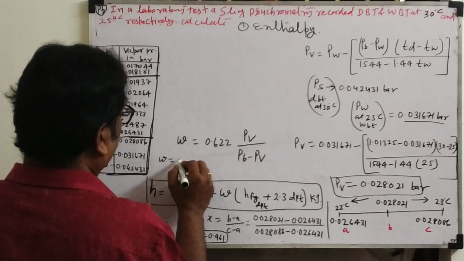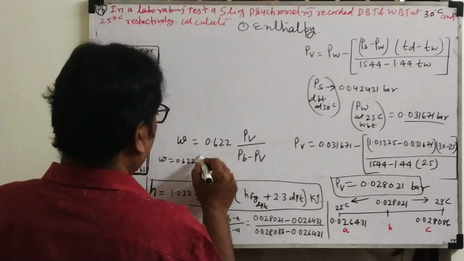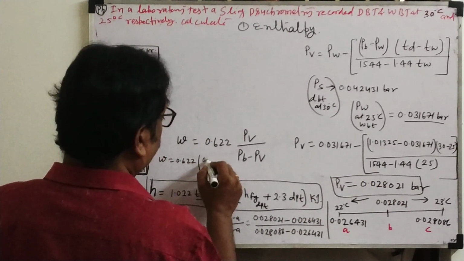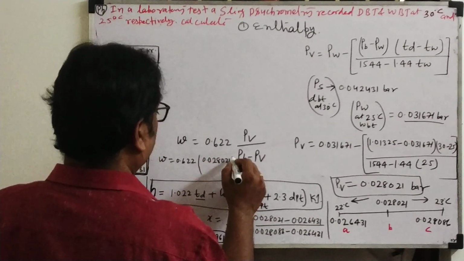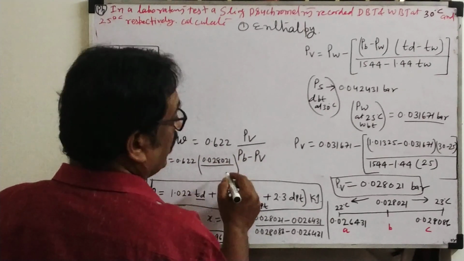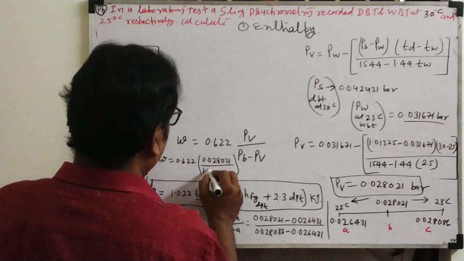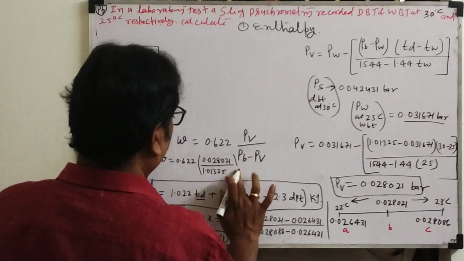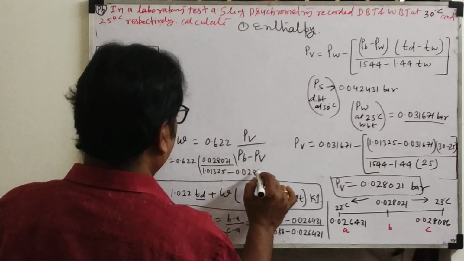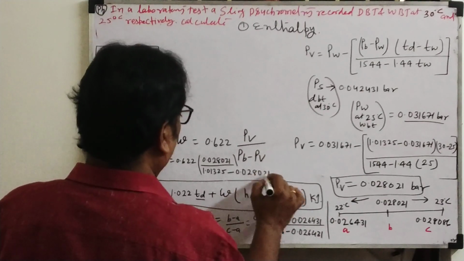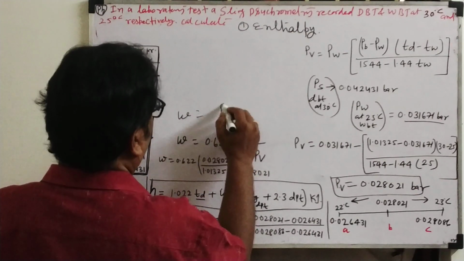So W is equal to 0.622 times PV, where PV is 0.028021, divided by the barometric pressure, which we know is 1.01325, minus 0.028021.